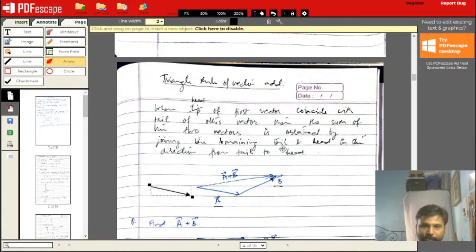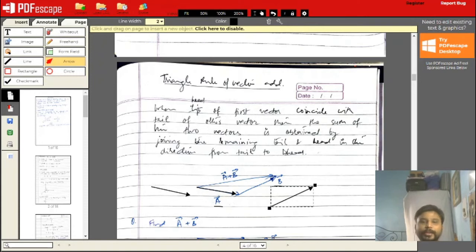So I have shifted a from this area to this area, and let's say b vector was somewhere here. So I have again shifted b without changing its magnitude or direction. So that means that shifting a vector parallel to itself does not change it.